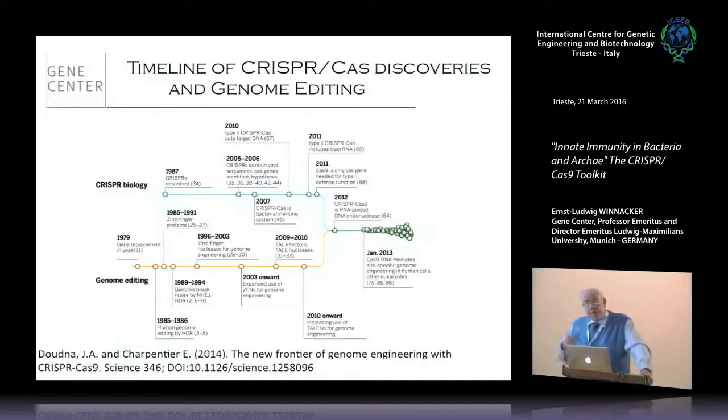In fact, it turns out that this is a mechanism of innate immunity of bacteria. Then it was discovered that there are several types of these immunity mechanisms. One is type 2, which was identified as the simplest type, which could then be adapted for use as a biotechnological tool.